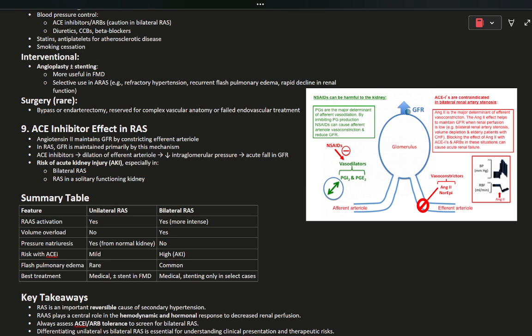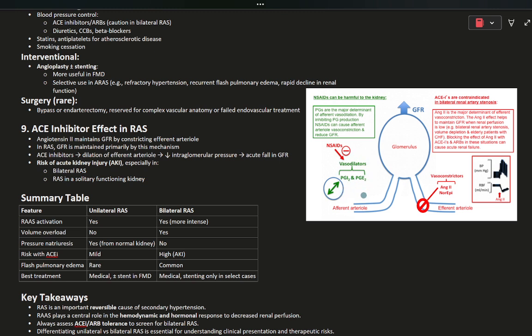and how they affect kidney function. So, non-steroidal anti-inflammatory drugs are harmful in that they affect prostaglandins. So, prostaglandins are generally the major determinant of afferent vasodilation. So, by inhibiting the prostaglandin production, the NSAIDs can cause the afferent arteriole to constrict, thereby reducing GFR.